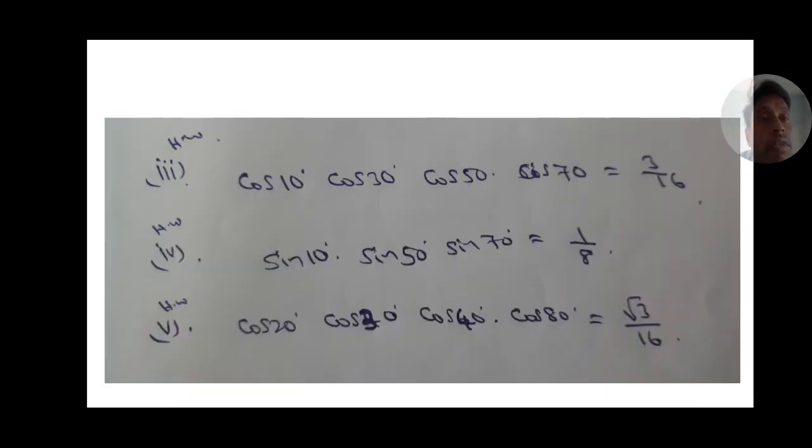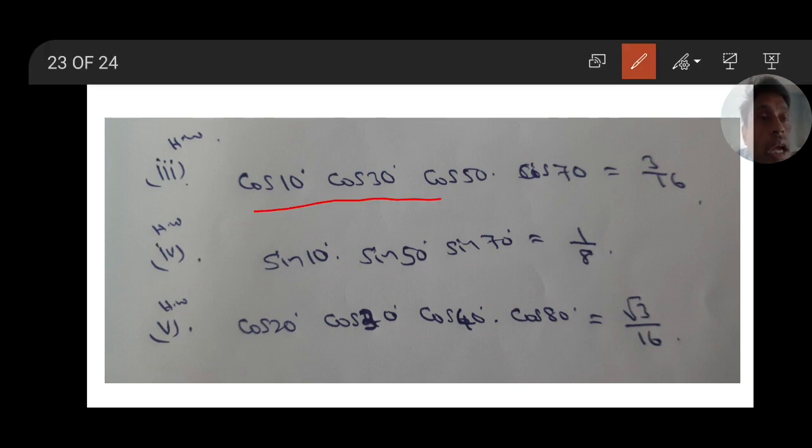Next, homework problems. Do the remaining homework problems. Cos 10 into cos 30, cos 50 into cos 70 equals 3 by 16. Sin 10 into sin 50 into sin 70 equals 1 by 8. Cos 20 into cos 30 into cos 40 into cos 80 equals root 3 by 16.